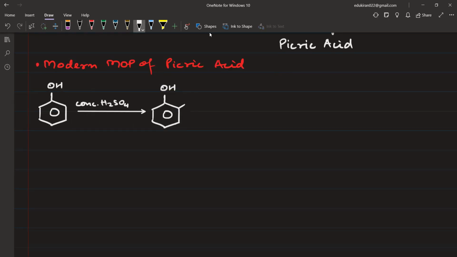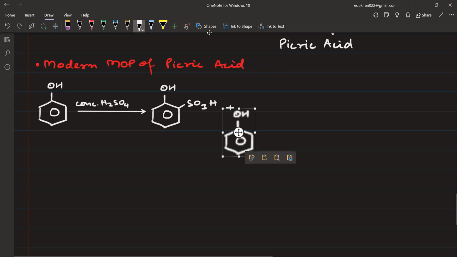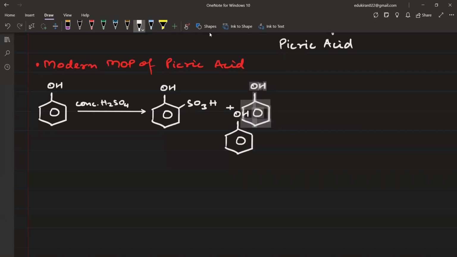First ortho SO3H, plus para substituted SO3H. Okay. Now, once we have done this, we do nitration of the sulfonic acid with concentrated HNO3. And what do we get here? We get picric acid.